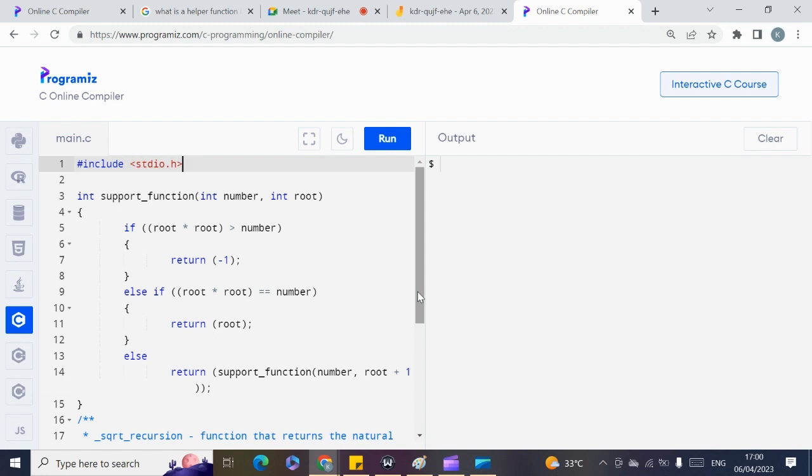You have a function that adds, one that subtracts, one that divides. You don't have to write all those codes in one file. Anytime you need something, you just call it.